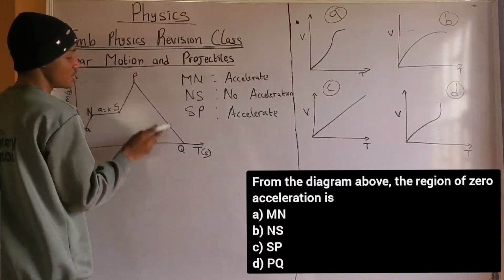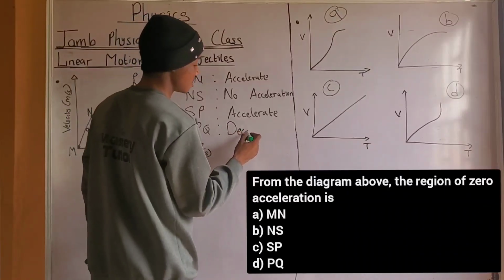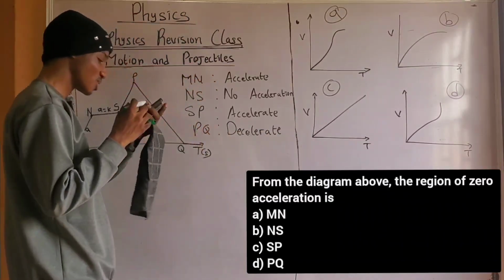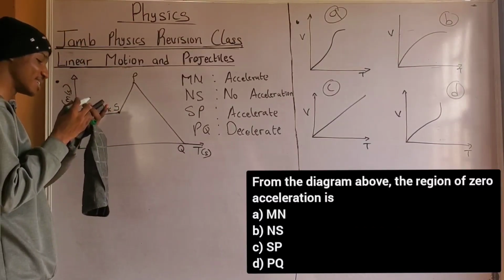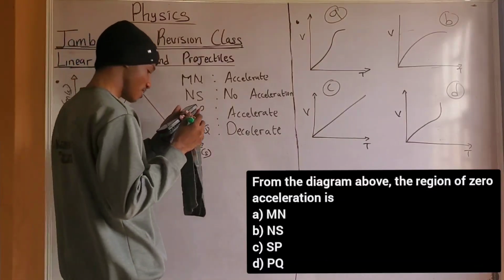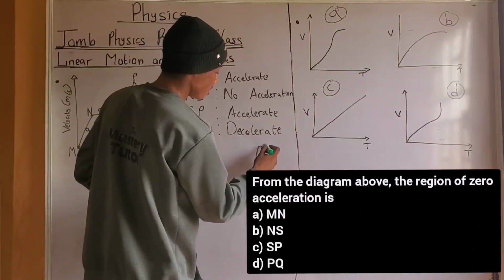And then what of PQ? PQ is deceleration. Are you getting it? The body decelerates. So the correct option to that question is NS. The body did not accelerate at NS. The acceleration is 0. So that is option B. Yes, option B is correct.